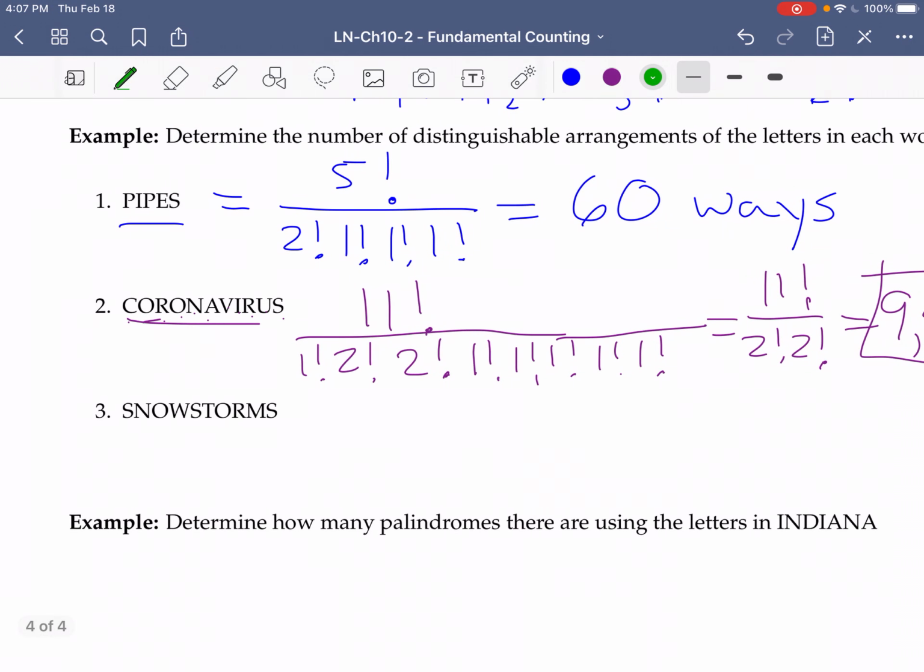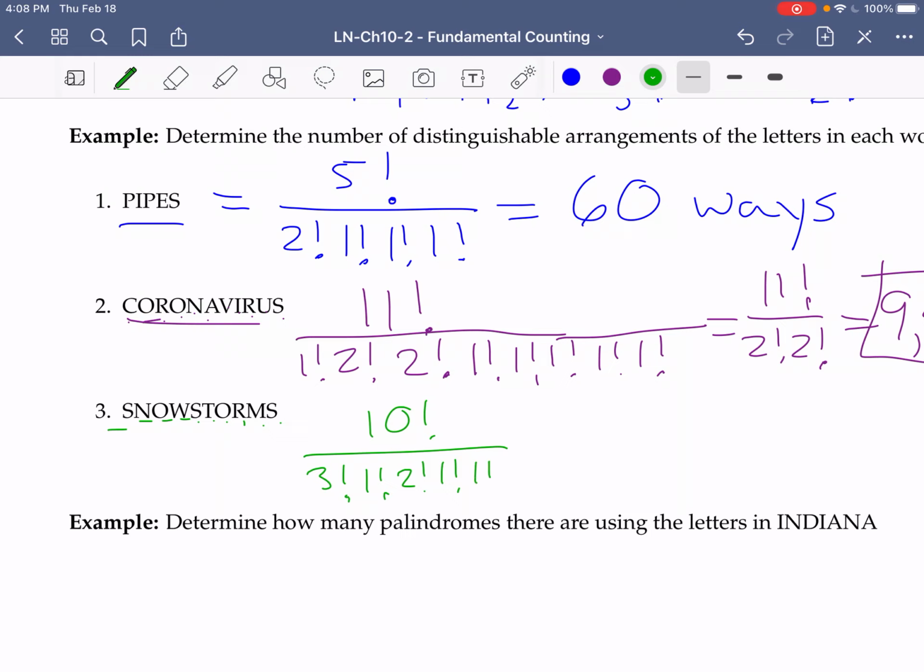If we take the letters in the word snowstorms, how many ways can we rearrange that? Let's count the total number of letters: 1, 2, 3, 4, 5, 6, 7, 8, 9, 10. There are 10 letters in the word snowstorms. How many S's are there? There are 3 S's, so we divide by 3 factorial. How many N's? Just the one N. O's, we have 2 O's. W's, we have 1 W. We already counted our S's.